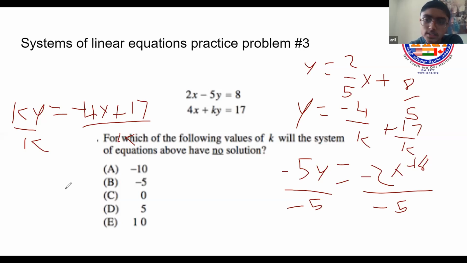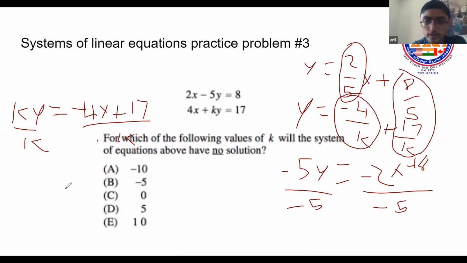And what you want now is to make the slopes equal, because the intercepts are different. The only answer that does that is -10. If you plug it in, you want the two slopes to be the same, and the two intercepts to be different.